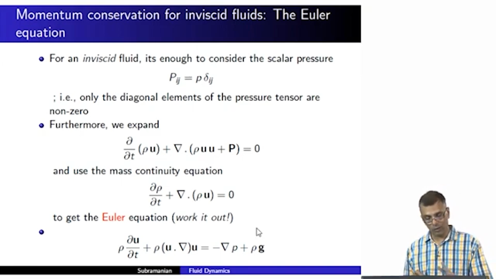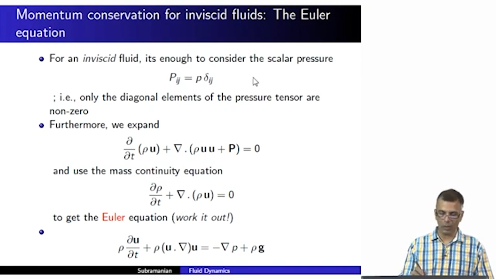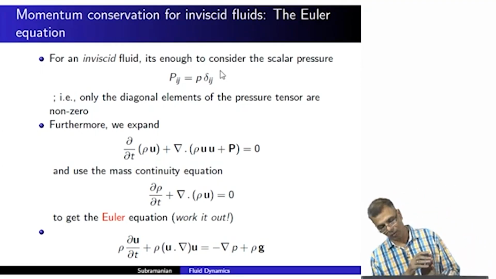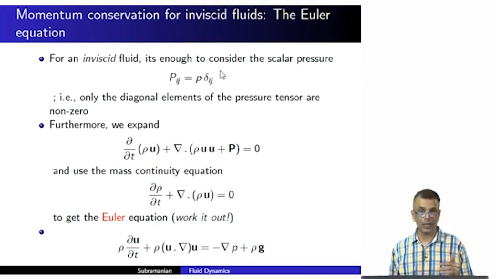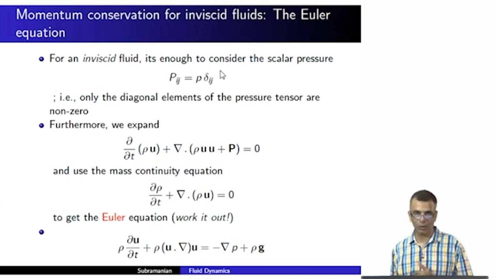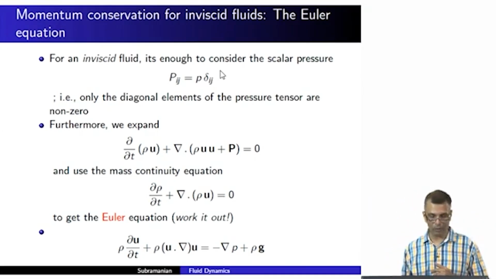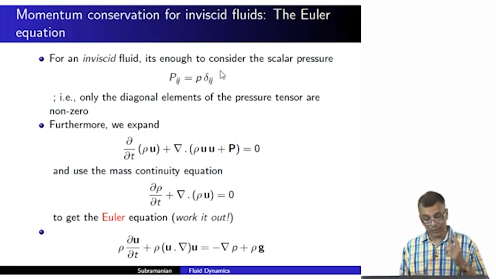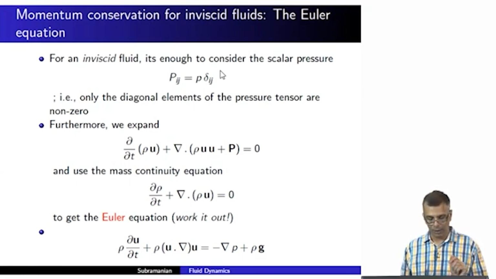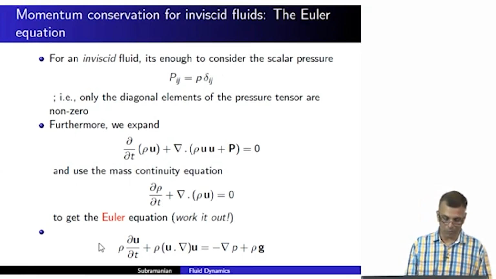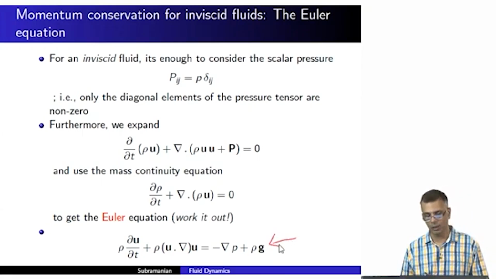So, there are three things that you need to consider. Number one, the pressure tensor is greatly simplified in that only the diagonal elements are important, and really that is the main thing. The second thing is you do need to use the mass continuity equation, and then the momentum equation becomes this, and this is called the Euler equation.